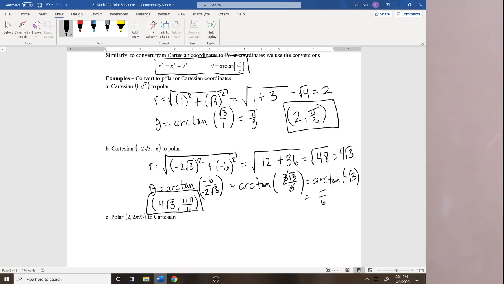Right, so then, yeah, I missed my negative there. So it'd be positive, sorry about that. So just pi over 6 again.